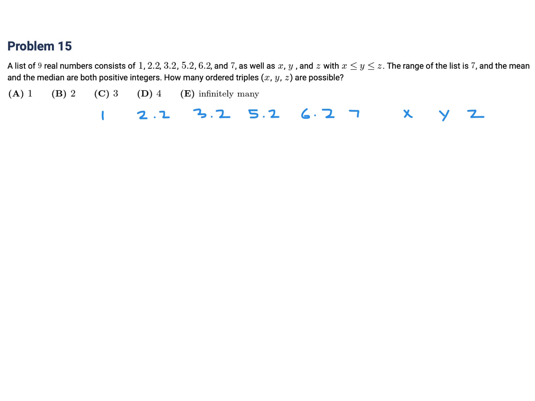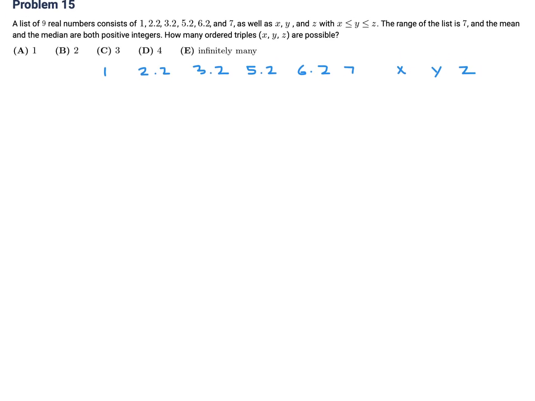Now I don't know what order this is in, but I just put it on the screen, and hopefully we'll figure it out. And the range is 7. What else do we know? Mean and median are integers. Okay, so we're going to have to do some casework here, I think. So let me make a table.